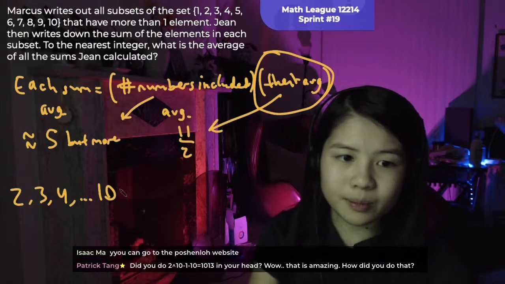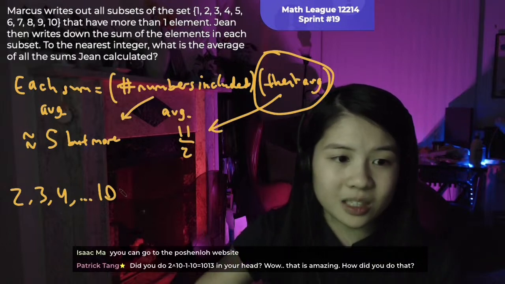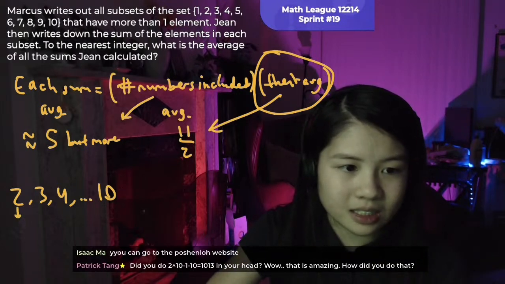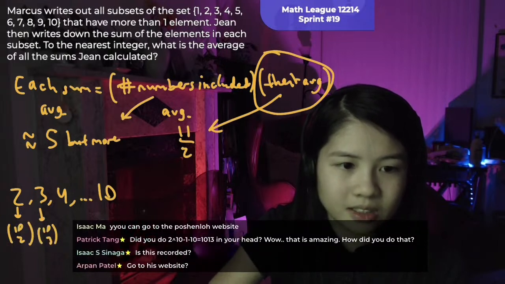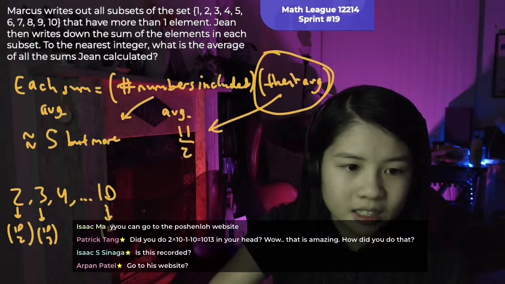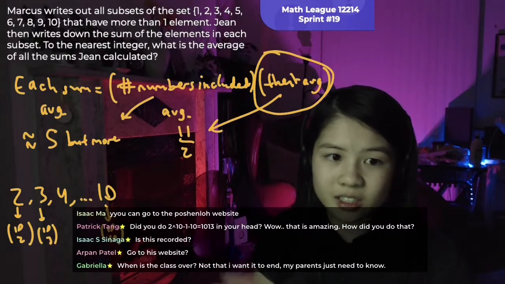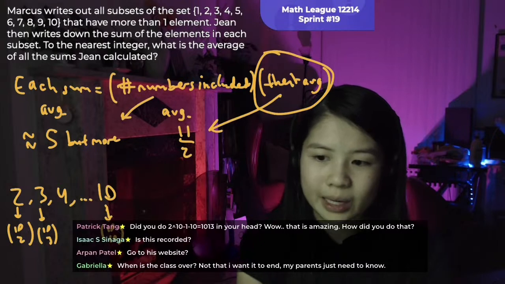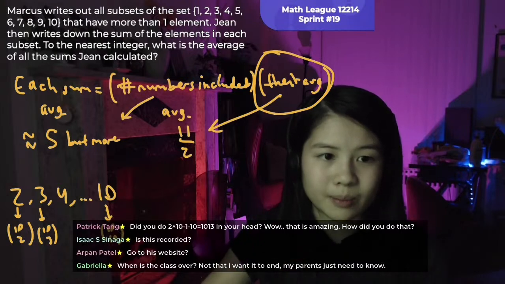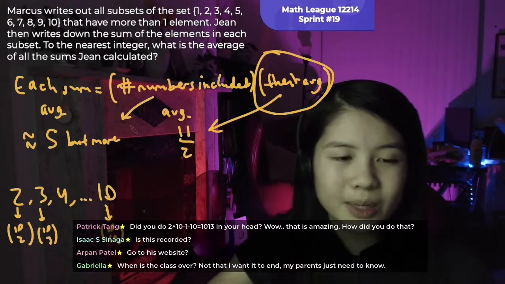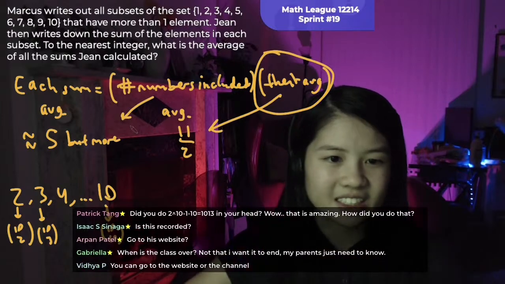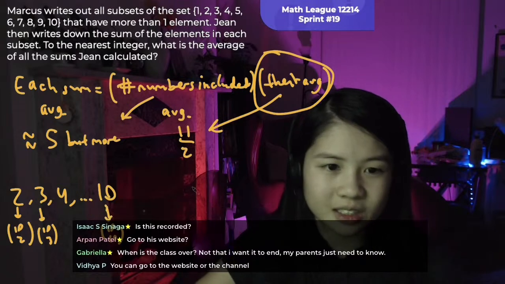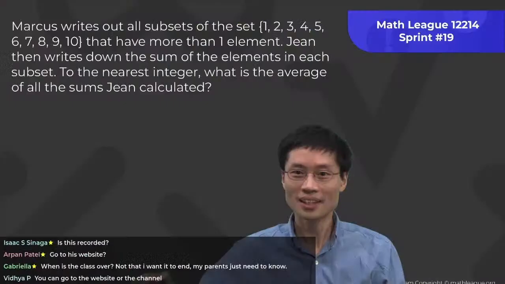It's a bit more, but about 5, especially because the number of ways to pick 2 is 10 choose 2, then 10 choose 3, up to 10 choose 10. And with the symmetry in Pascal's triangle, it's about symmetric. So the average should be about 5 numbers included, but a bit more than that. So I basically got the same thing as Eddie, 5 times 11 over 2, but then you round off. Yeah, I think that's right.